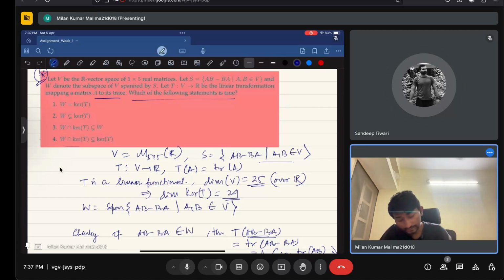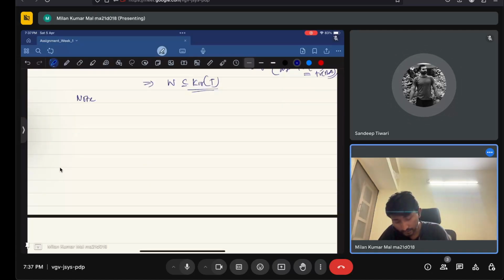Note that if P is an element of W, then the diagonal entries of P are 0.